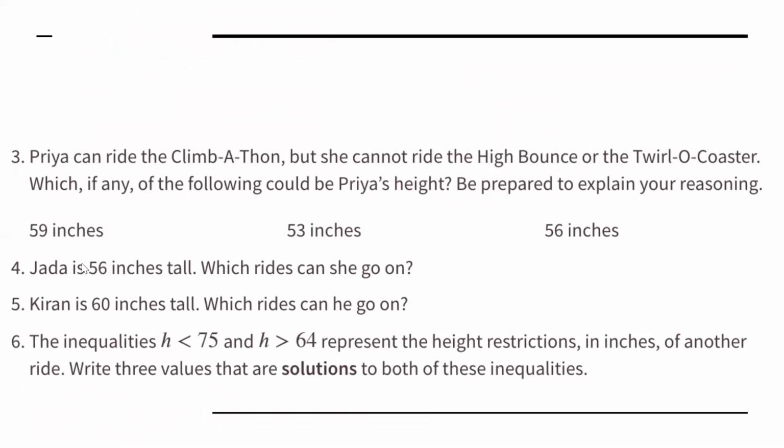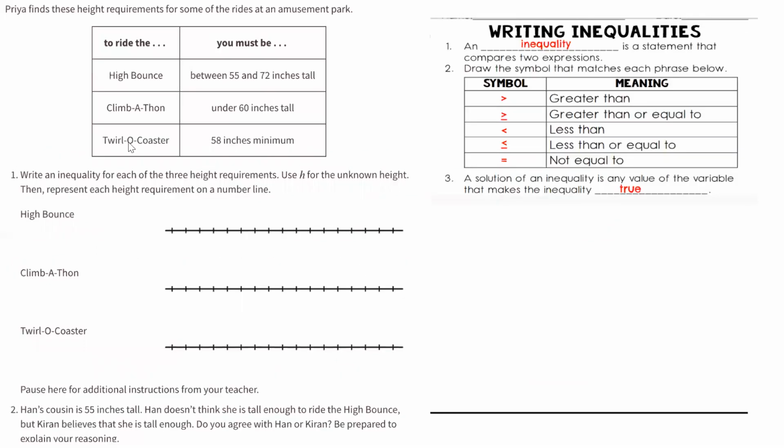So 59 inches is taller than 55, so it's not that one. It could be 53 inches. Can't be 56 inches. So the only one that works is 53 inches because that's under 60, it's also under 55, and it's also under 58.